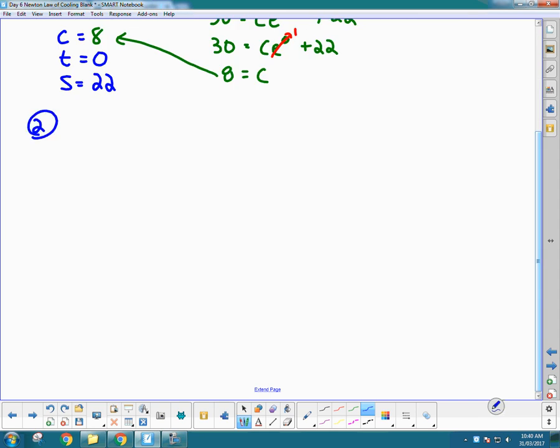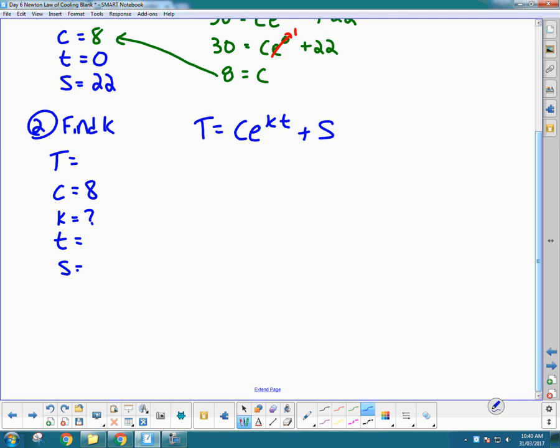So step 2, we got to find k. And we'll use the snapshot to do that. So T equals Ce to the kt plus s. C we just figured out was 8. k we don't know. T we'll find out in a second. s I think I remember was 22.